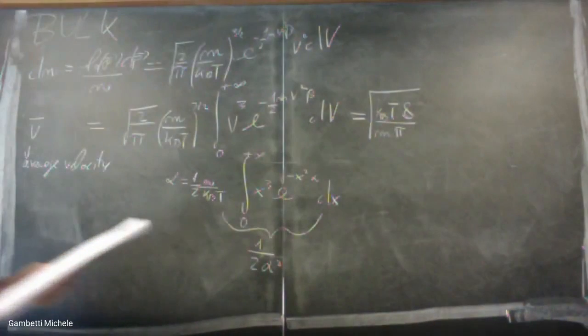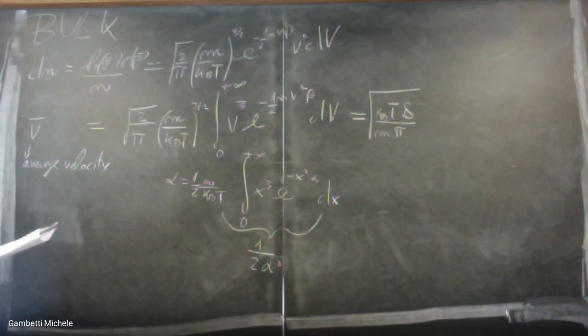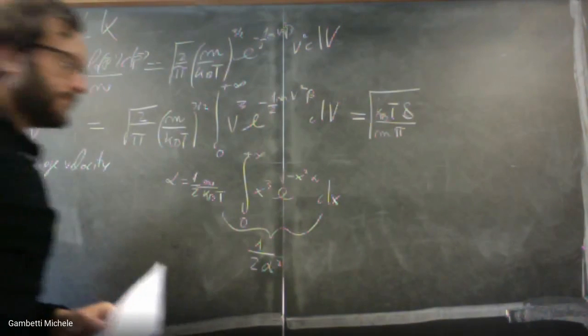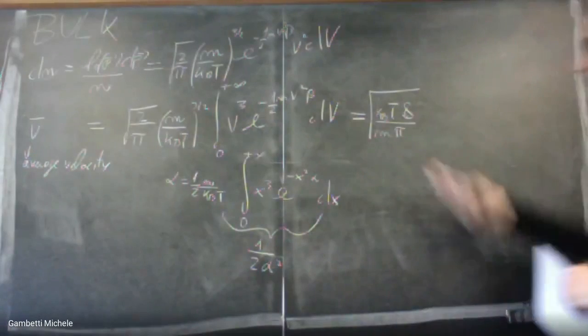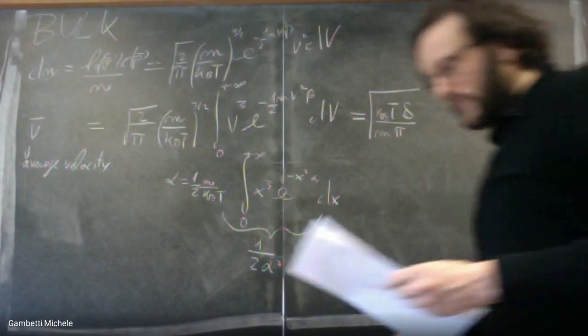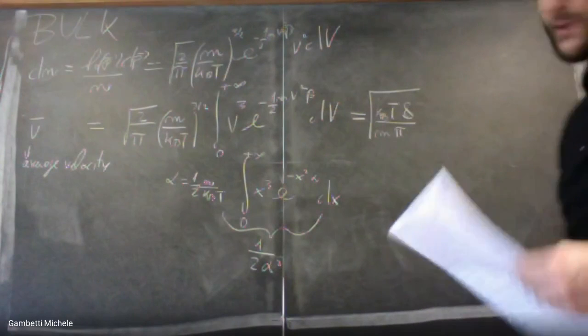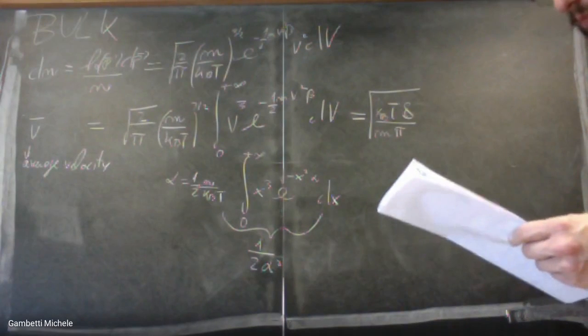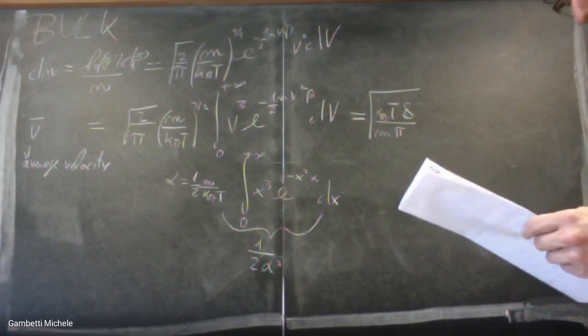Okay? And this is the average velocity. You can try to calculate this again, but it's about algebra, it should be correct. Well, at least the result is correct, of course. It's taken from a book, but I've done the calculations sometimes, so it should be correct.